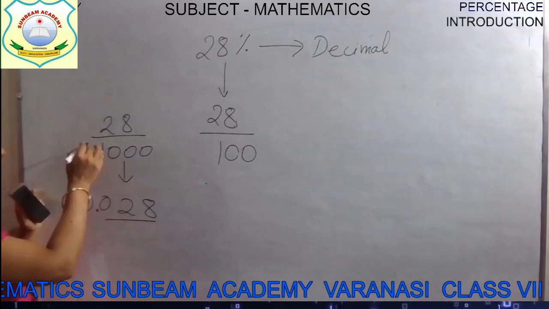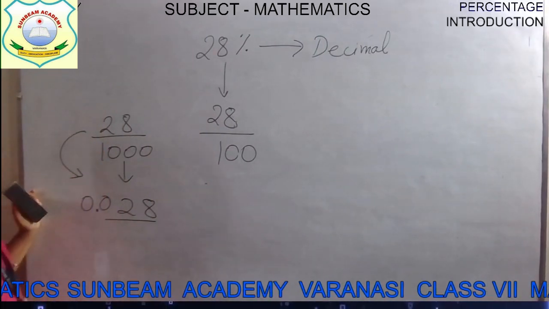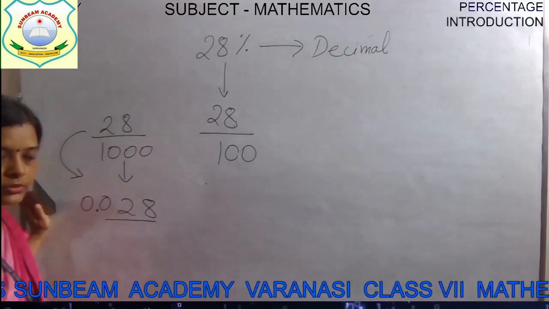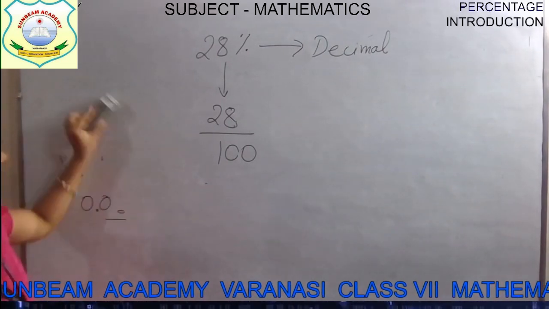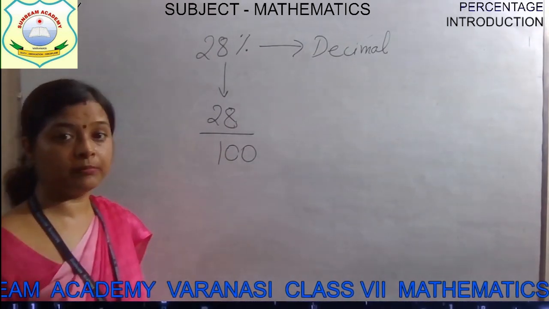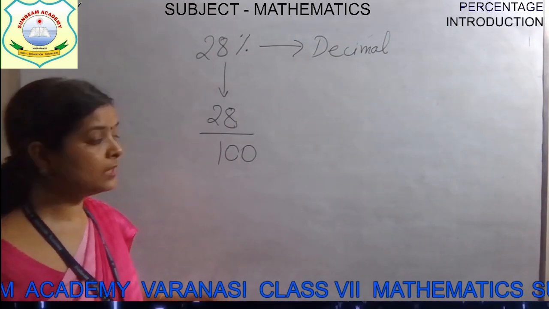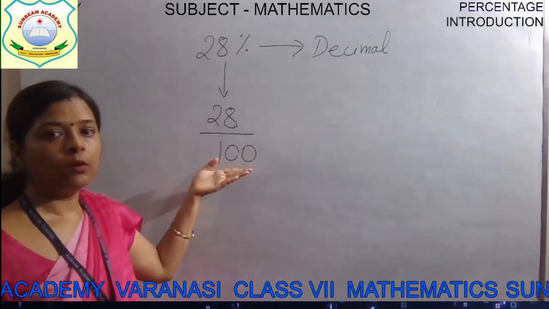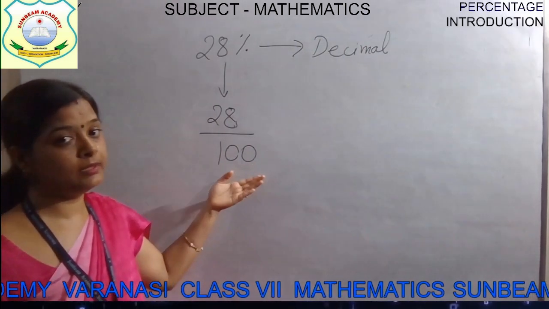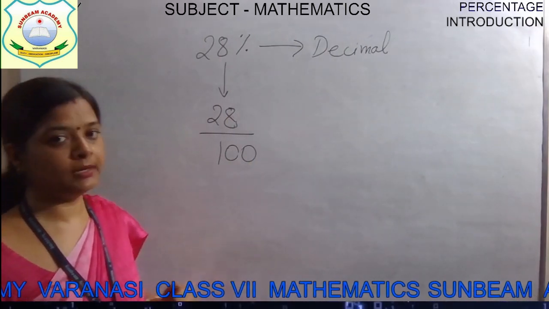That's why this 28 by 1000 can be written as 0.028. So these are the quick methods to convert any fractional number into decimal number if 10 or 100 or 1000 and so on will be there in the denominator part.